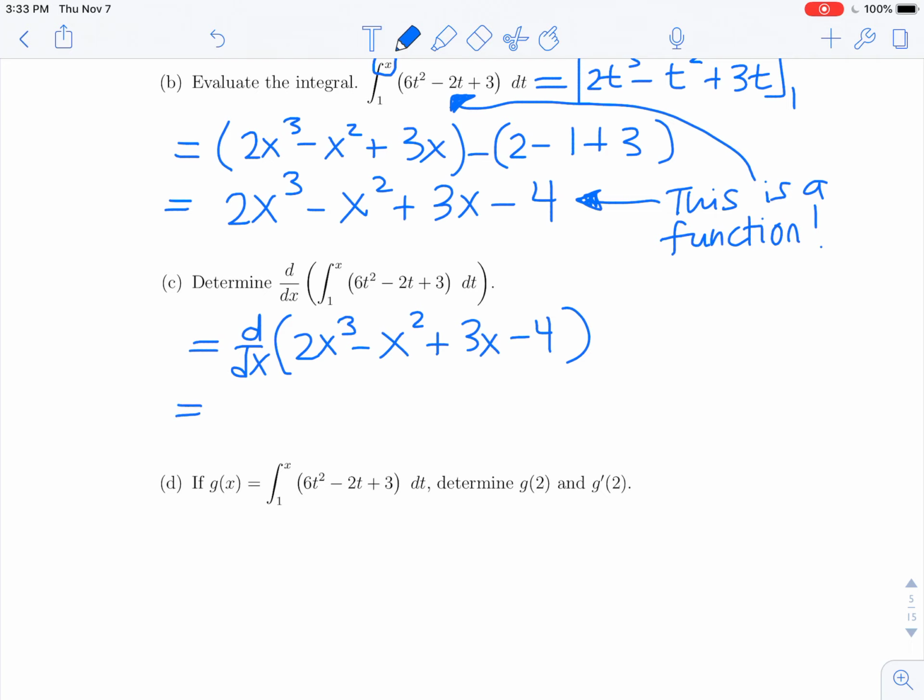And when we do that, we get 6x squared minus 2x plus 3. Stare at that for a moment. So, when we differentiate this weird integral function, what we end up with is the integrand with x plugged in.